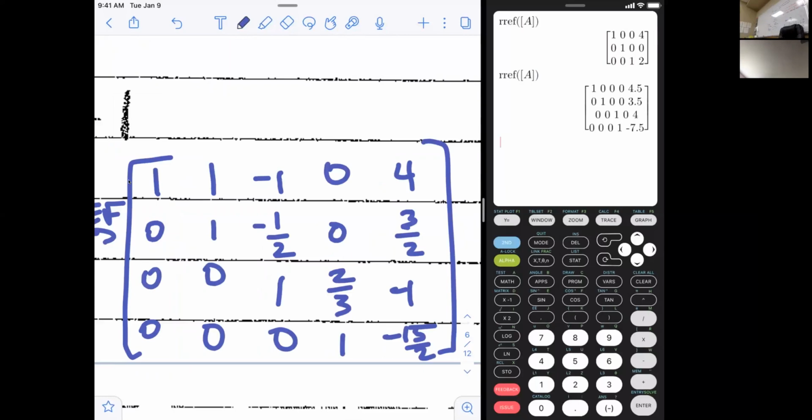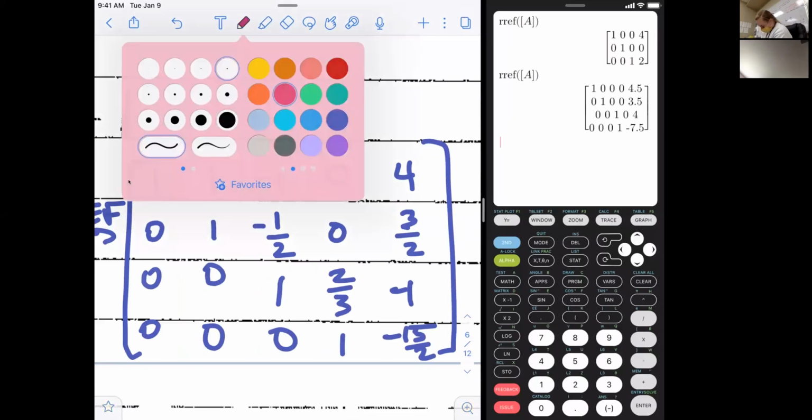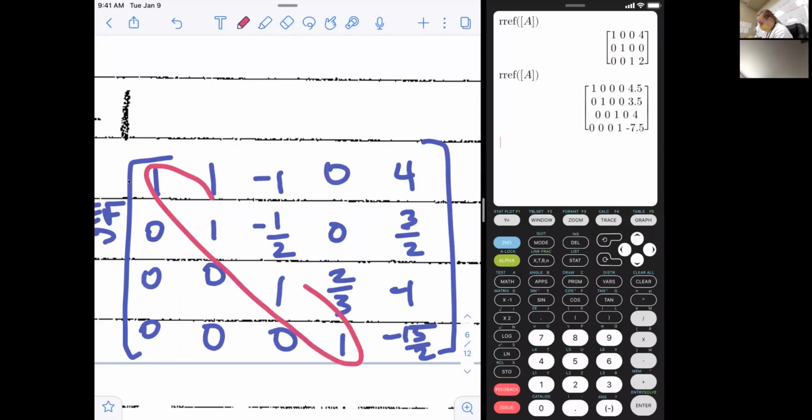Okay. Remember I told you a minute ago that REF is where you get 1 as the diagonal, and then everything underneath the diagonal should all be zeros. So I can check myself, okay, that looks like what we're supposed to have.